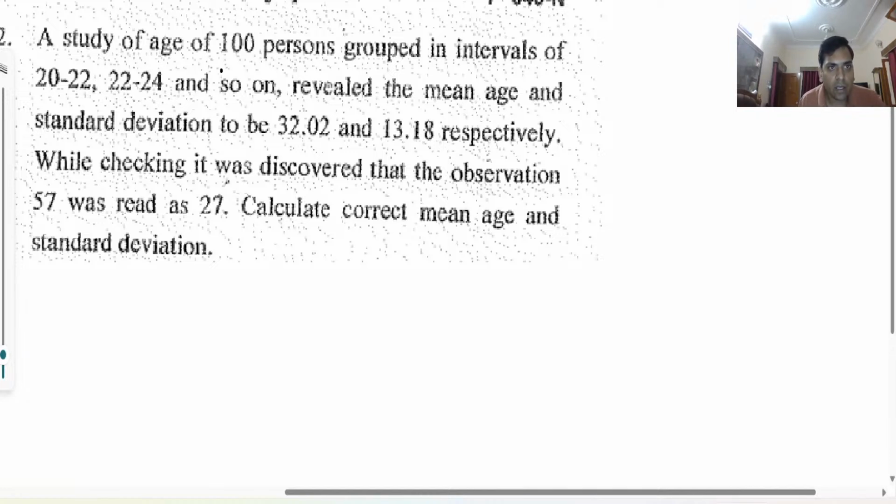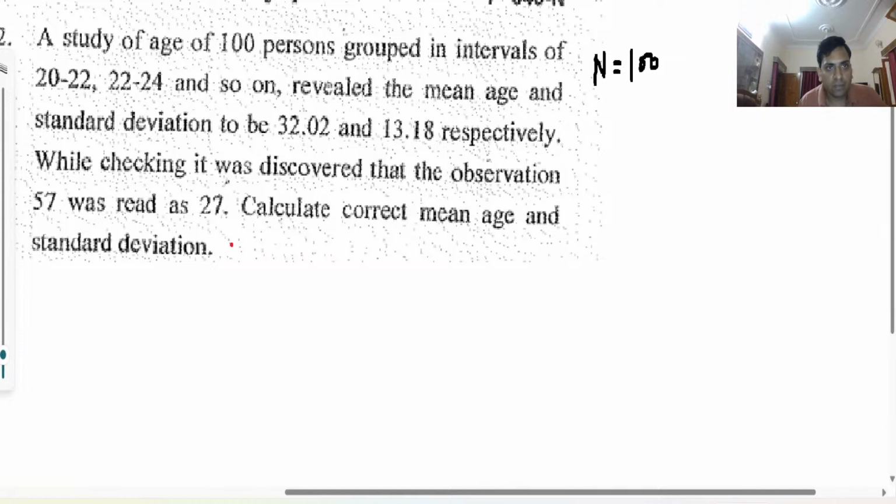A study of the ages of 100 persons, so we will take n equals 100, grouped in intervals of 20 to 22, 22 to 24, and so on, revealed the mean age and standard deviation to be 32.02 and 13.18 respectively. While checking it, it was discovered that the observation 57 was read as 27. Calculate the correct arithmetic mean age and standard deviation.